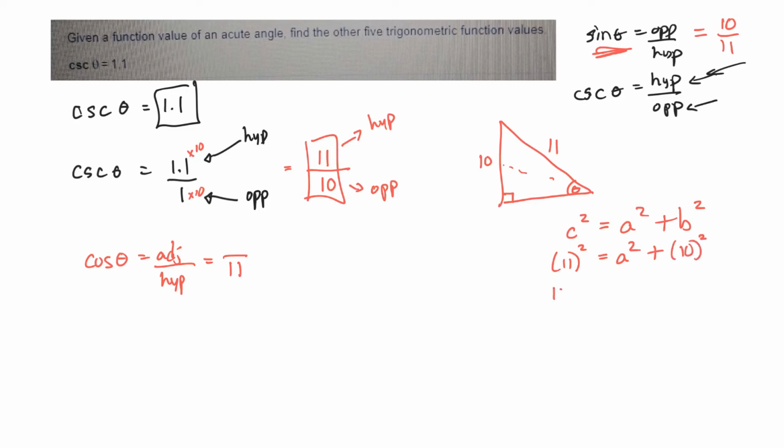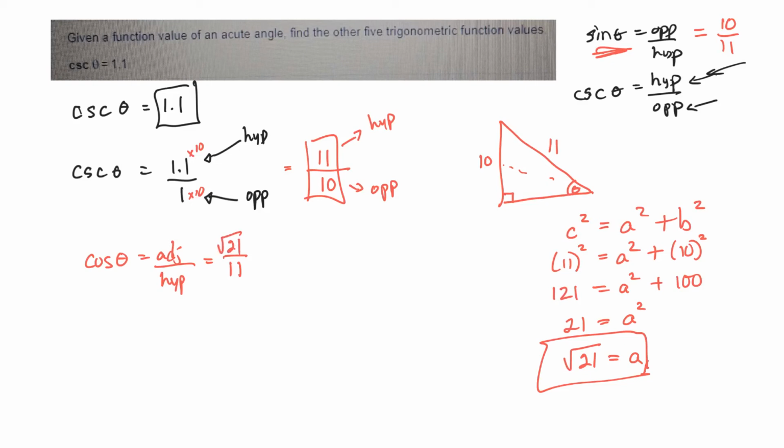And so this would be 121 plus 100. Subtract 100 on each side, and then take the square root of both sides. So a, or the adjacent side, is root 21. So I can put that right there.